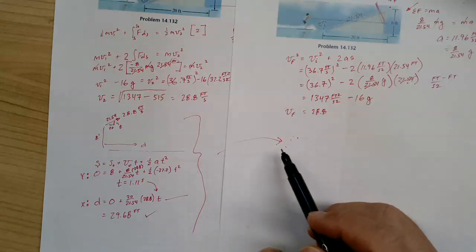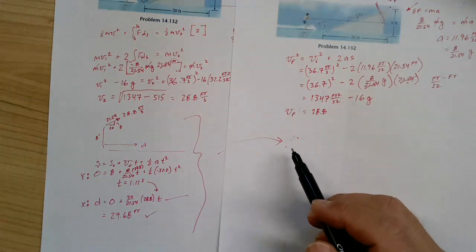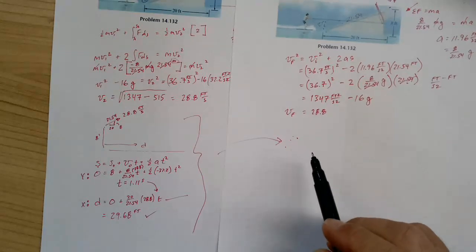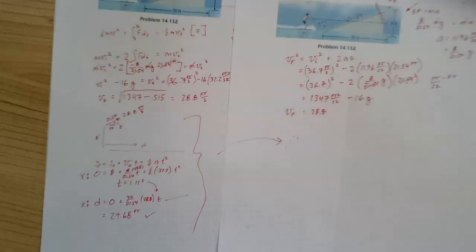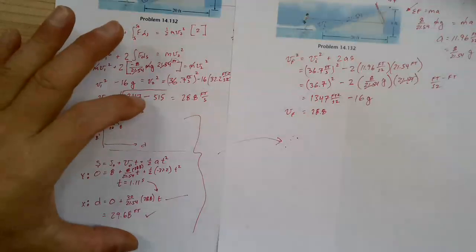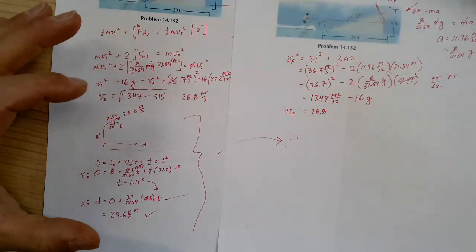So we won't demonstrate it, and we haven't even done impulse and momentum yet. So we don't want to get ahead of ourselves. But the equations will work, and you can figure out the time and the position with work and energy and impulse and momentum, but not as easily as you can right here.